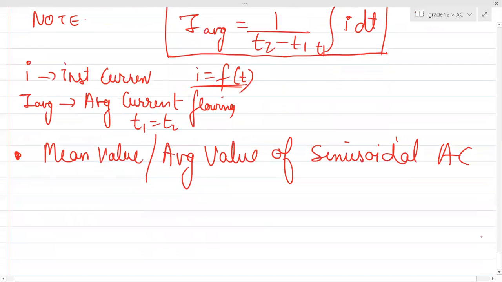So basically for I equals I naught sine omega t, this is the current I'm talking about.